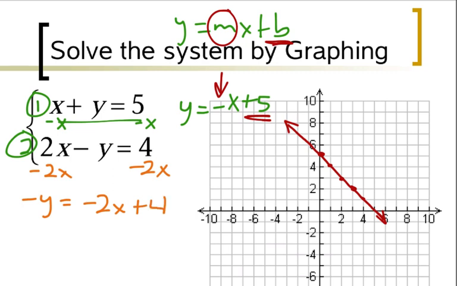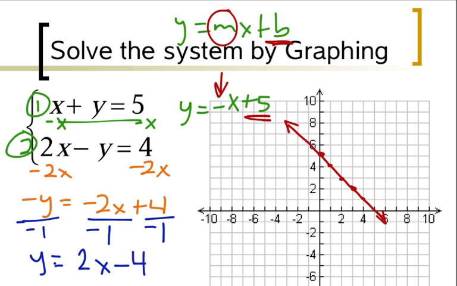And I have to finish by dividing everything by negative 1. Okay, if you divide everything by negative 1, it will cause all your signs to change so that you get y equals positive 2x minus 4.